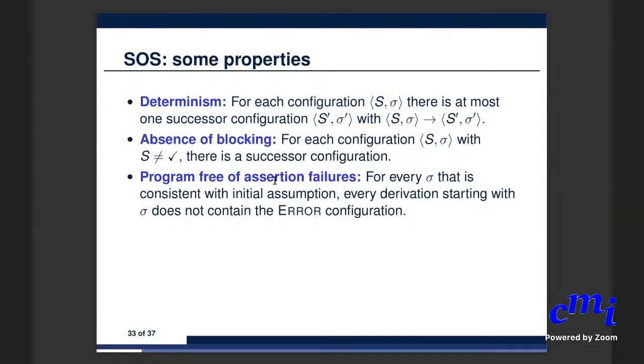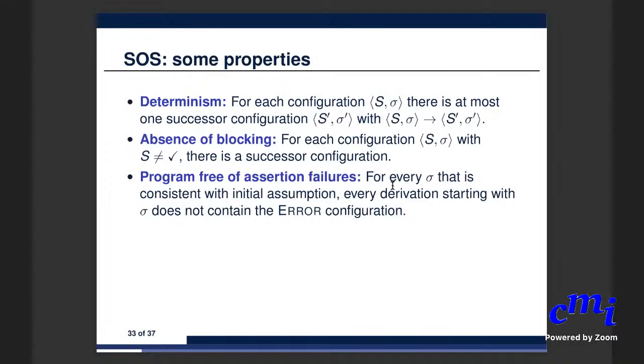Similarly, you can have program-free assertion failures. Once you define the semantics, you can formally state these kinds of properties, that the program is free of assertion failures. And the way you will have to do that, like I pointed out in the case of transition systems, is to ensure that an error configuration is never reachable.